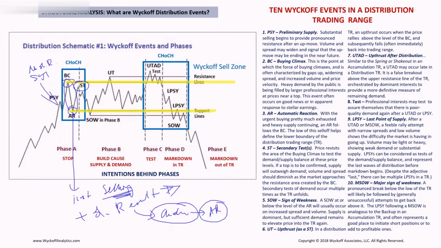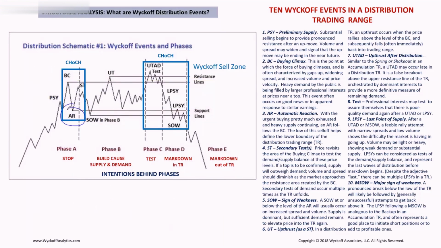Now think about this. At this point in time, at the automatic reaction, there is some kind of short-term value proposition, because the price went down. As the price goes down, there is some short-term value.